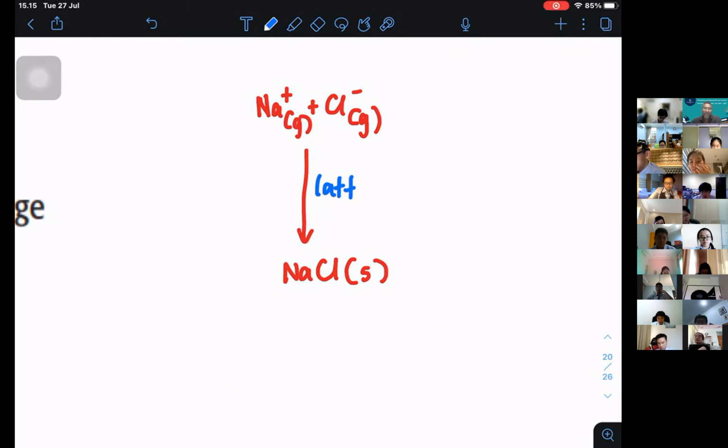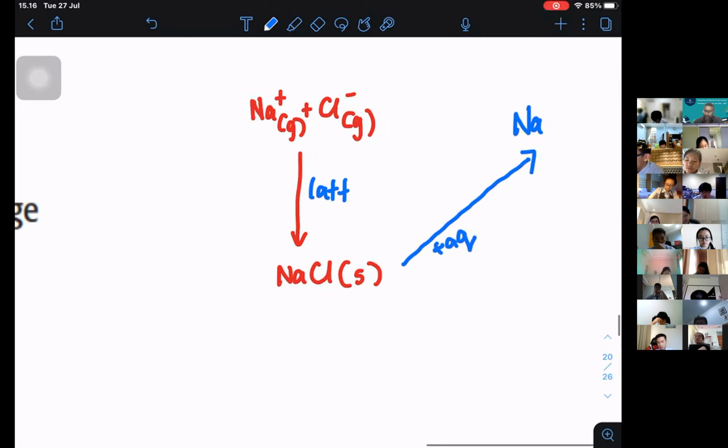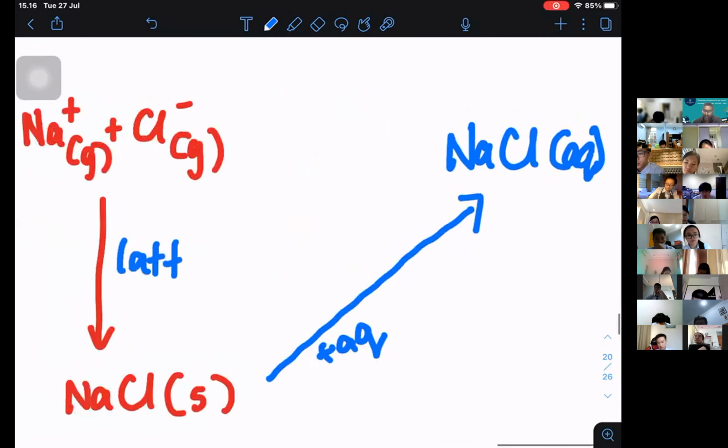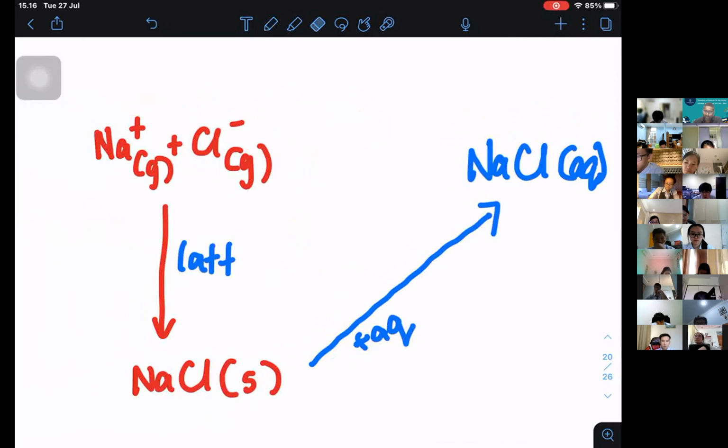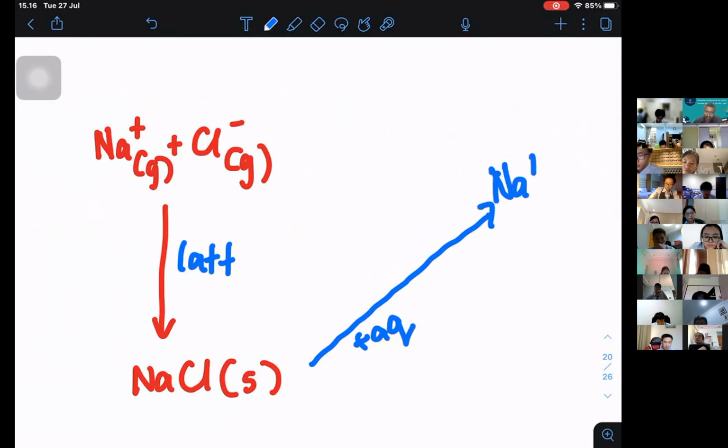And then we also learned in the beginning the solution: when you have solid plus aqueous, you get NaCl aqueous. And this NaCl aqueous, you can also write as Na+ aqueous plus Cl- aqueous, it is still the same.